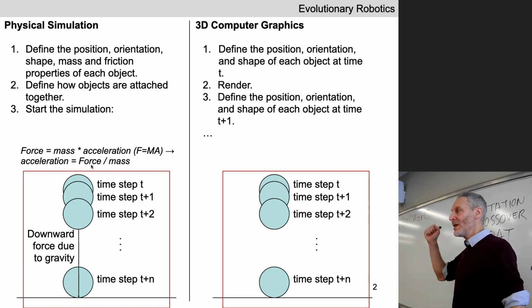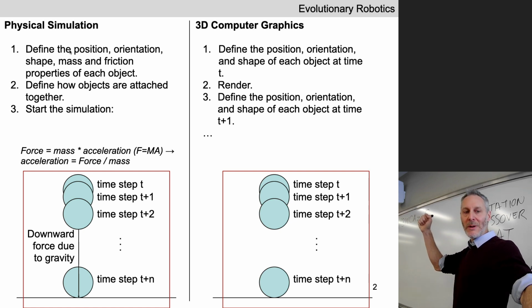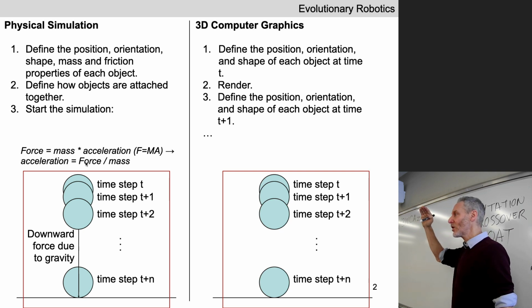The physics engine now knows, thanks to all the information you gave it, the masses of all the objects. And inside the physics engine, it's going to now go through at every time step and compute the forces that are acting on all the objects. That's something the physics engine does that you don't have to do.